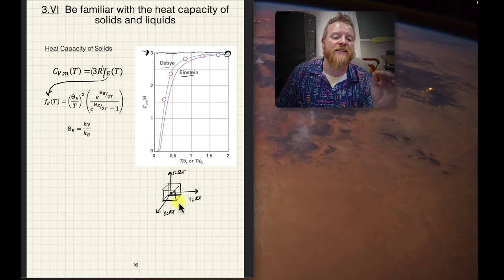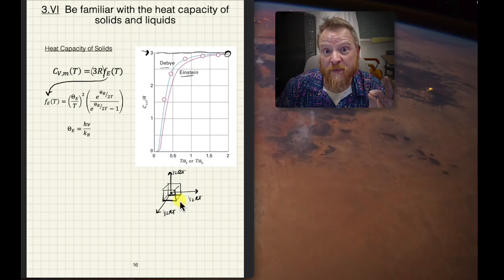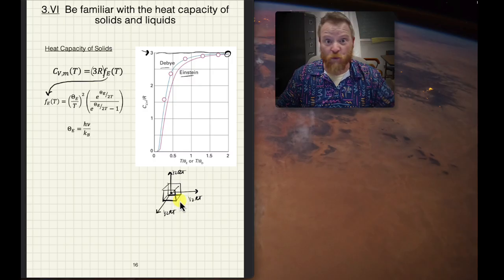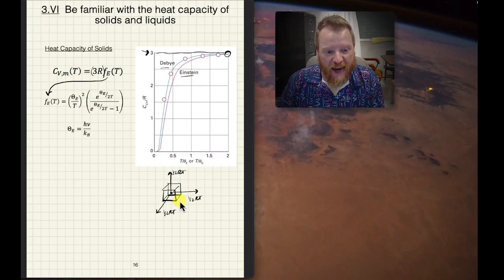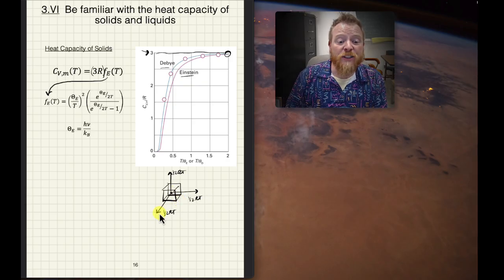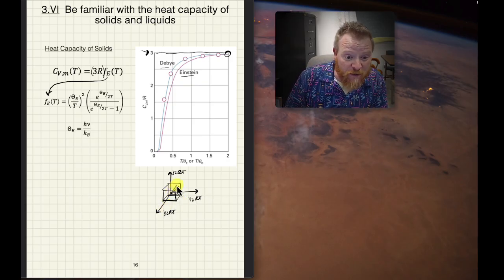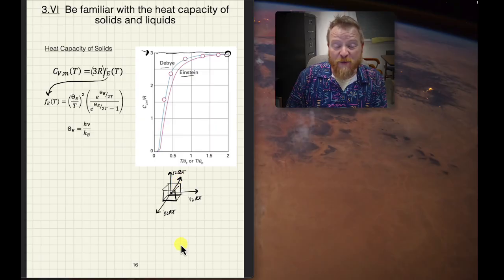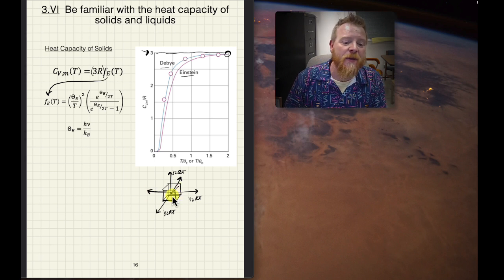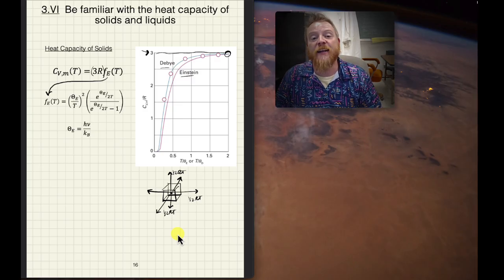However, because this is not an isolated atom, like in the gas phase, really far away from its nearest neighbor, motion in the positive x is very likely different than motion in the negative x. And similarly, motion in the positive y is going to be different than motion in the negative y, and motion in the positive z is going to be different than motion in the negative z.